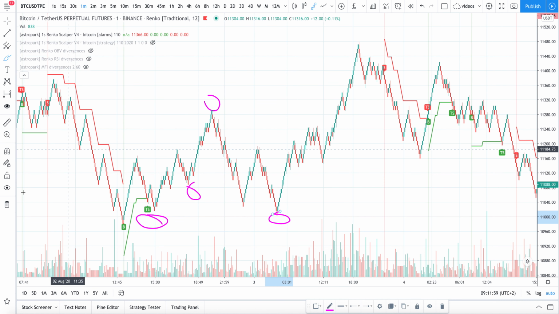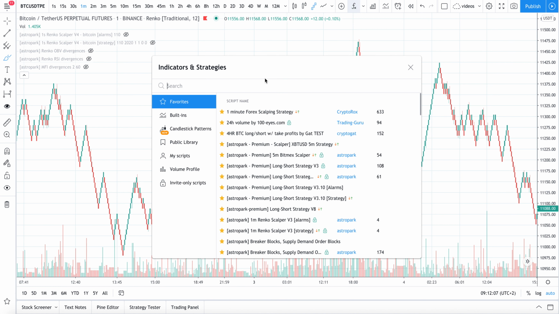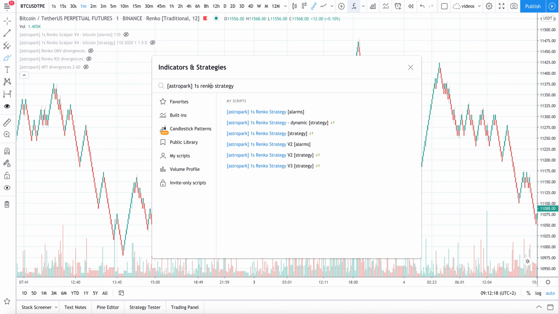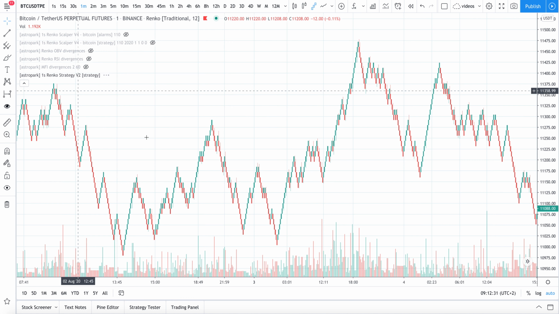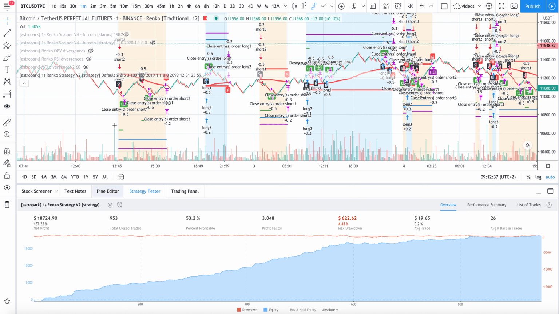Also, I use another tool. I've developed another tool, the 1 Second Renko Strategy. This is another indicator.